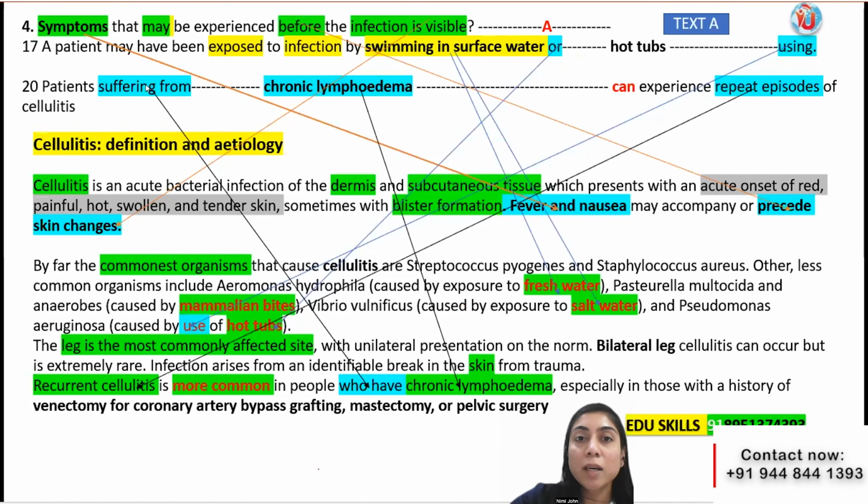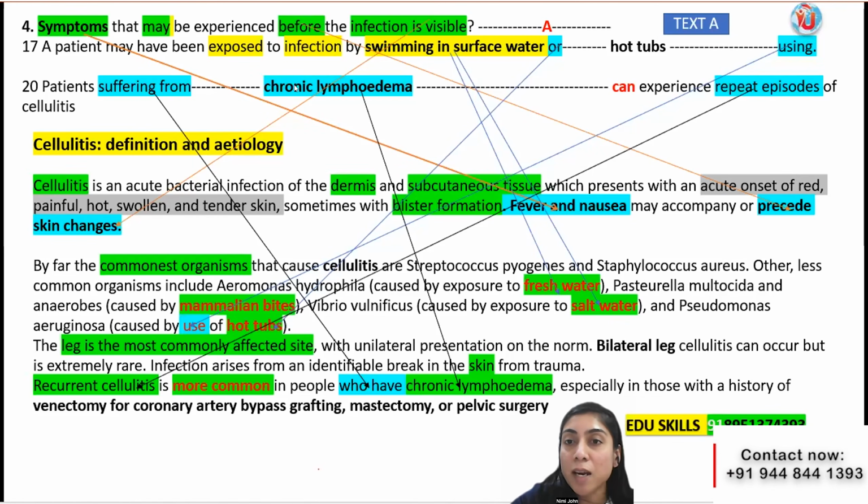Here is one keyword, sometimes. This is a time expression. Then blister formation. So our question is about before the infection: the blister is formed before.